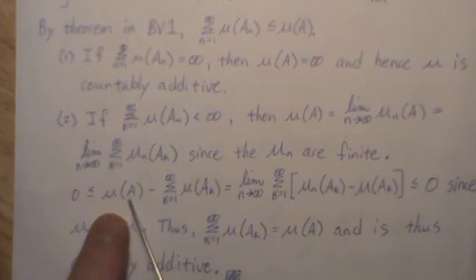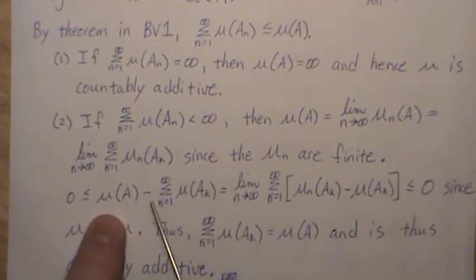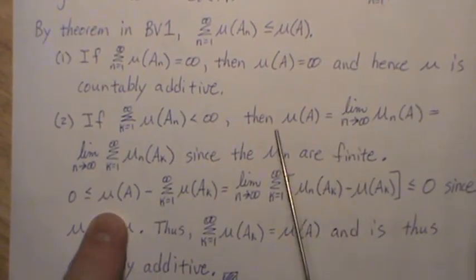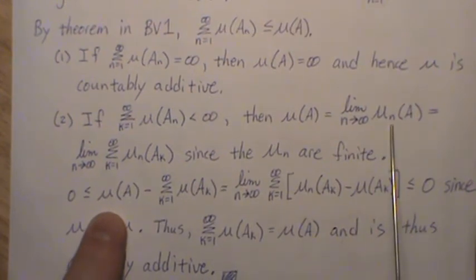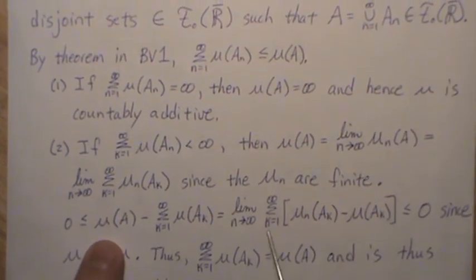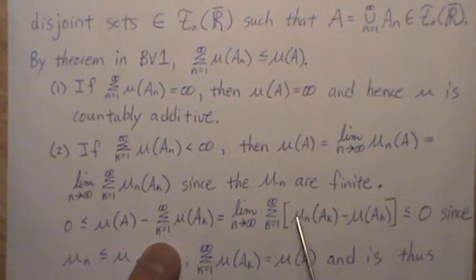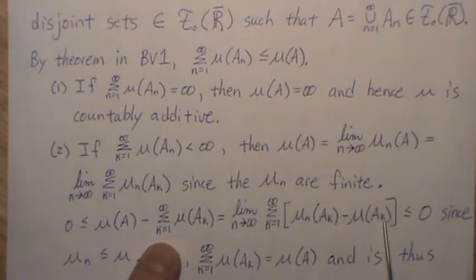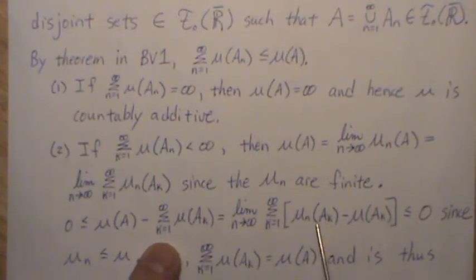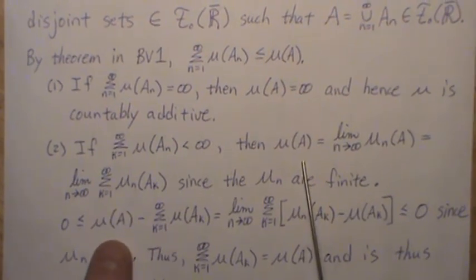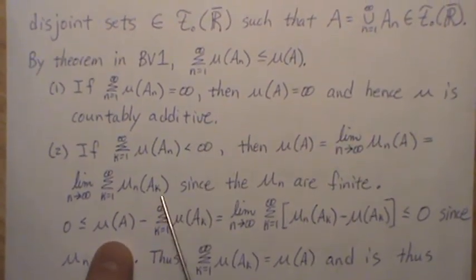But mu of A, so this measure here is this. So if you take this into here, then this is this piece, right? So mu of A, which is this and here, is equal to this.